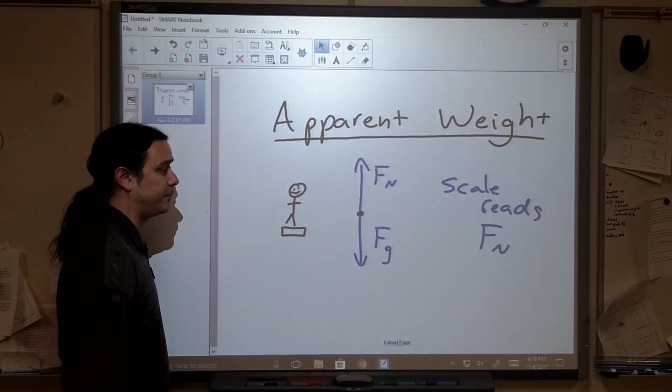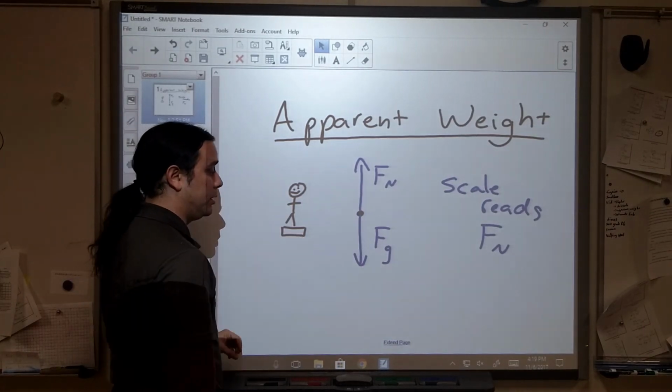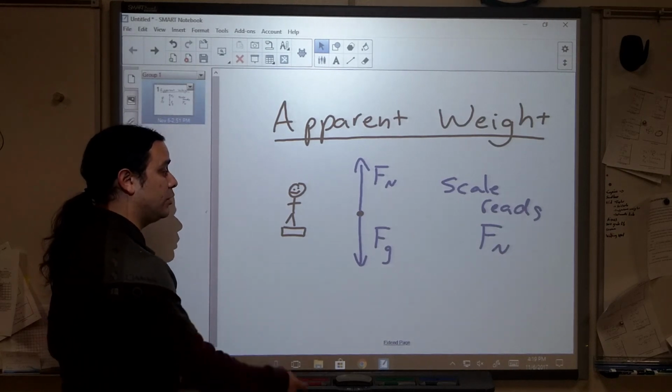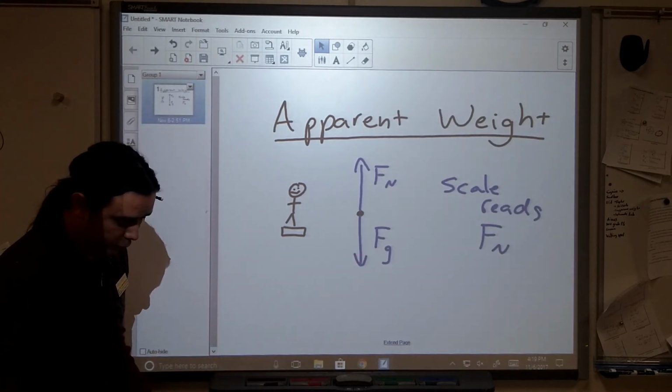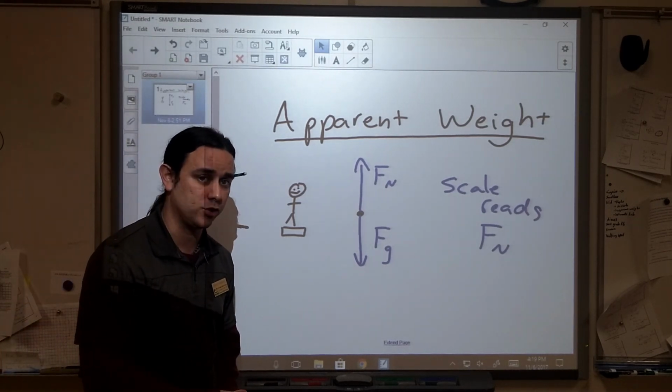If you're stepping off of the scale, then it doesn't have a normal force that the scale is applying onto you, and the scale reads 0. It doesn't mean that the force of gravity isn't pulling on you, or that it's got a very low value. No, it just means that that's not what the scale is actually measuring.